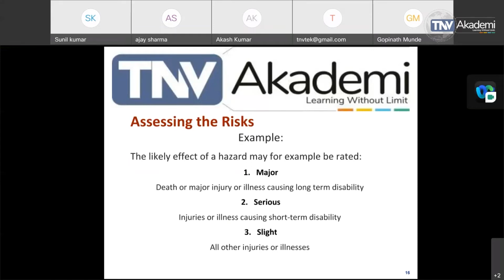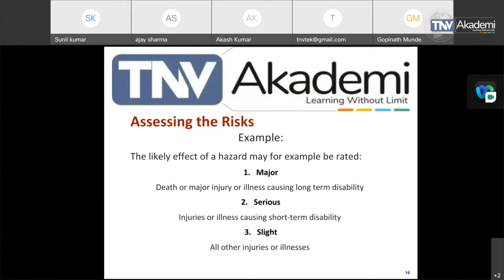Here I'm taking an example of how to assess the risk. The likely effect of a hazard may be rated as major, serious, or slight. Major means death or major injury, or illness causing long-term disability. Serious means injury or illness causing short-term disability, and slight is all other injuries or illness.